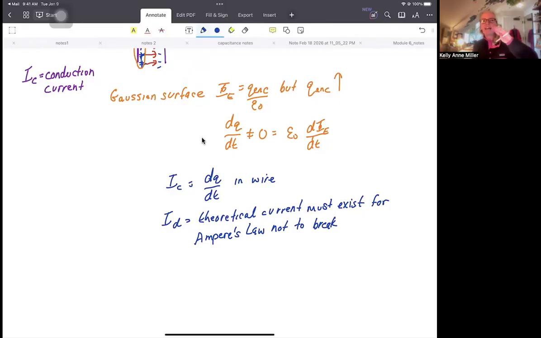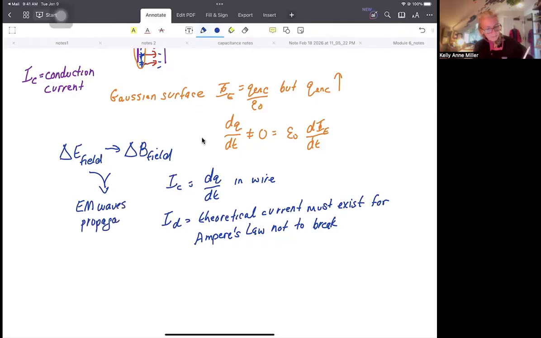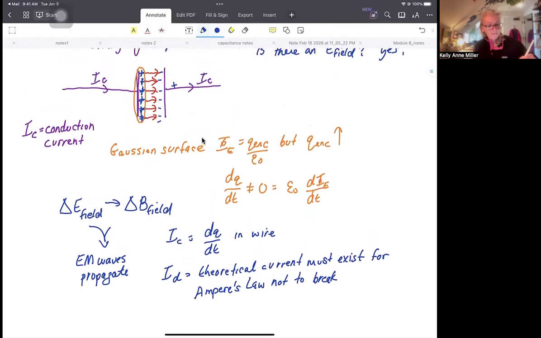You can't have a changing E field that doesn't lead to a changing B field. That is literally how EM waves propagate. So in between here, you have a changing E field as the charges build up on the plates.